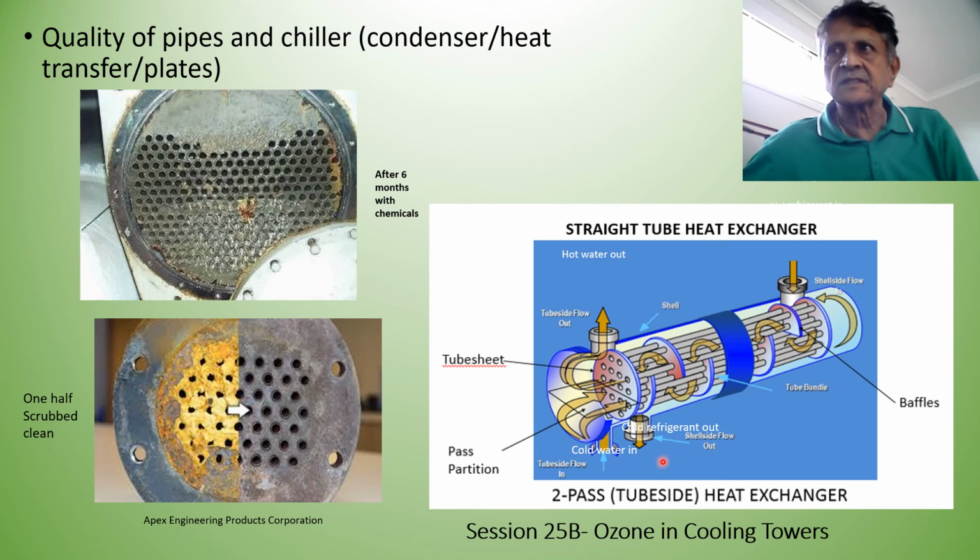The refrigerant goes in and goes through, wanders up and down interrupted by the baffles. This ensures that the water flow is reduced so that there's more contact time within the copper tubes.